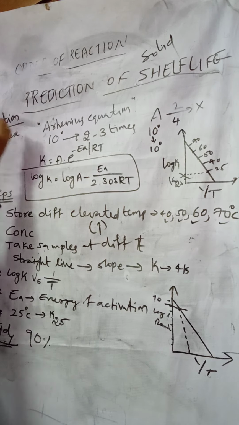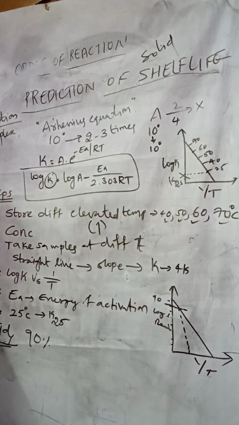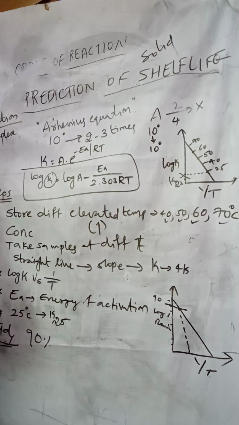Complex reactions have more than one rate constant, so the Arrhenius equation is not suitable for them. Next, it is not suitable if the decomposition or degradation of the drug is by microbes or freezing. Due to freezing or microbial contamination, if the drug is going for decomposition, this Arrhenius equation is not suitable.